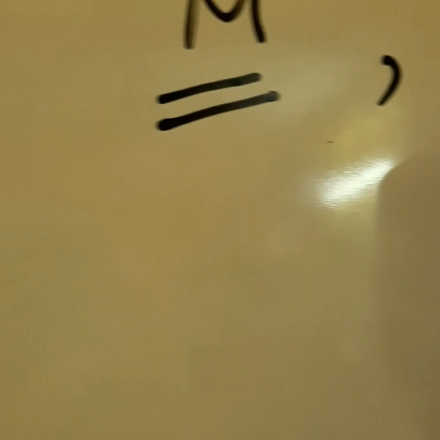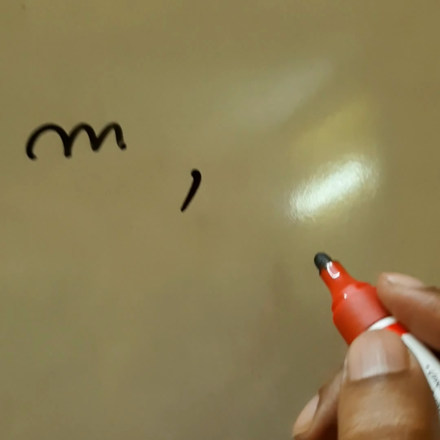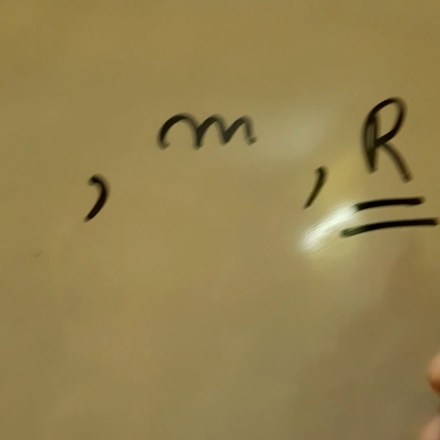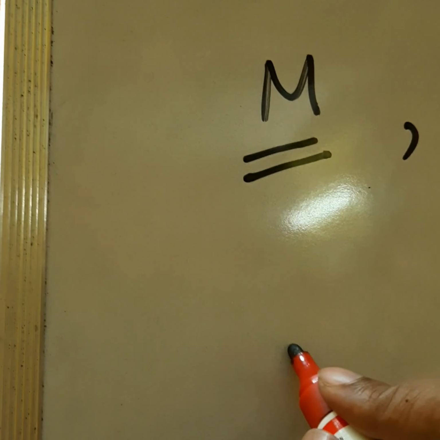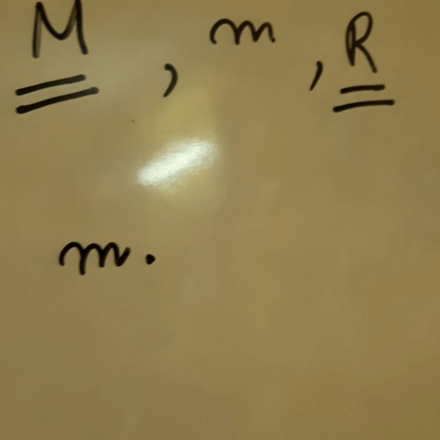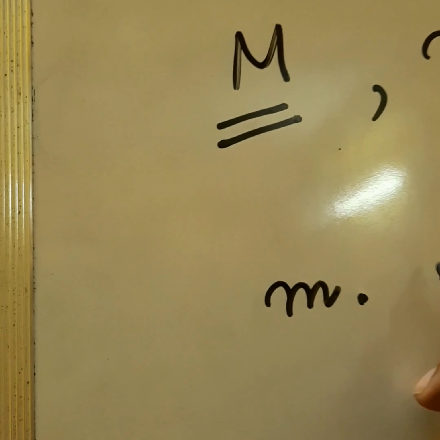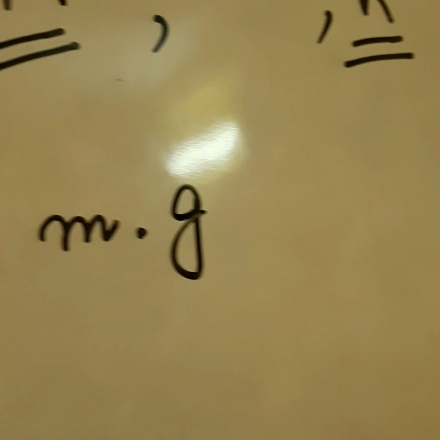Now, let us see mathematically. What do I get? If capital M is the mass of Earth, and small m is the mass of any other body, and the distance, suppose the body is at the surface of the Earth, so the radius is the distance. Suppose any person, as well as you may consider me, I am standing here at Earth's surface. So I feel an attraction, and that attraction gives me acceleration, the acceleration due to gravity, g.